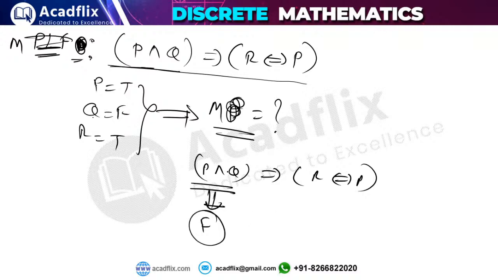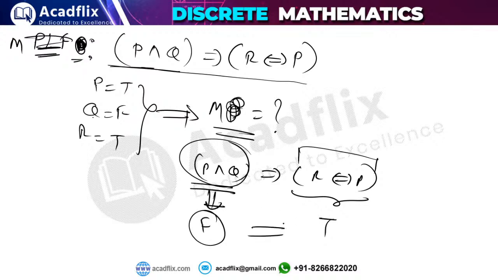Now what will be the truth value of R double implies P? R is true, P is true, so the double implication will also become true, because both are true. Now we have false implies true.